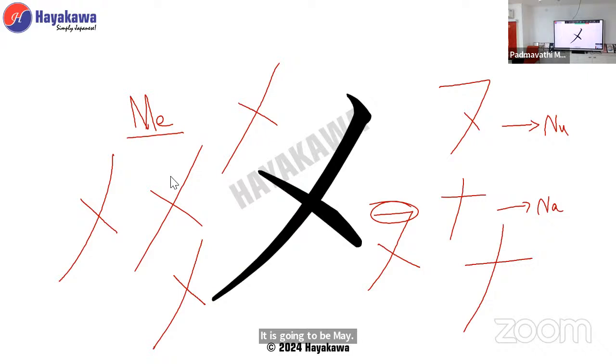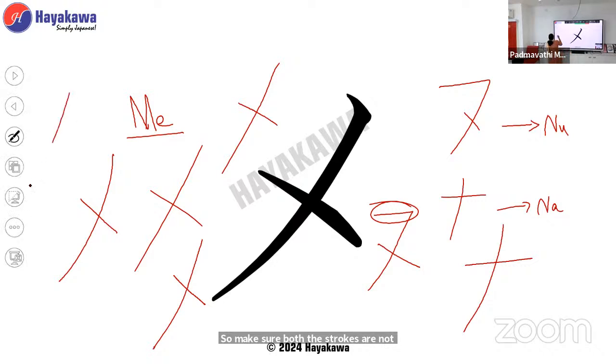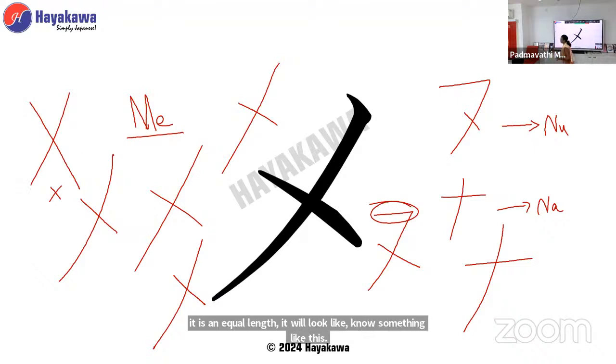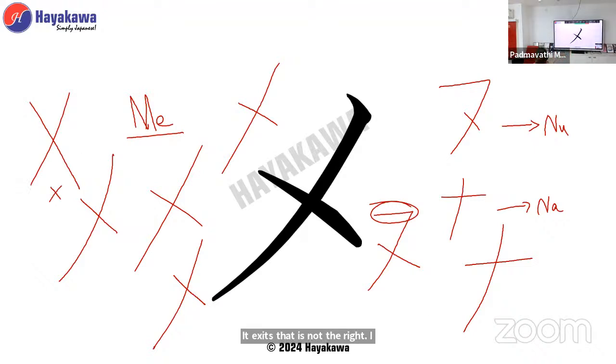So make sure both the strokes are not equal length. If it is equal length, it will look like an X itself. That is not the right pattern. All right. So the second stroke should not touch the base.